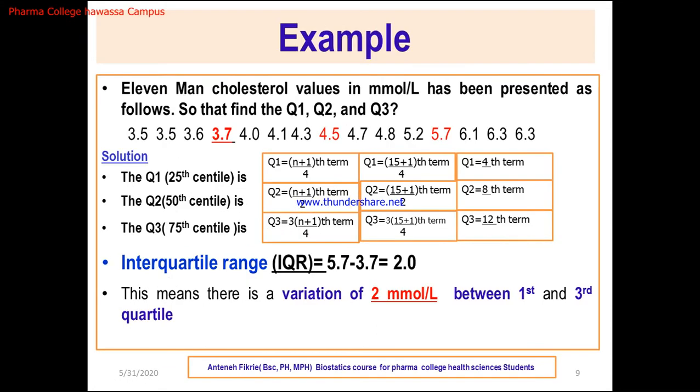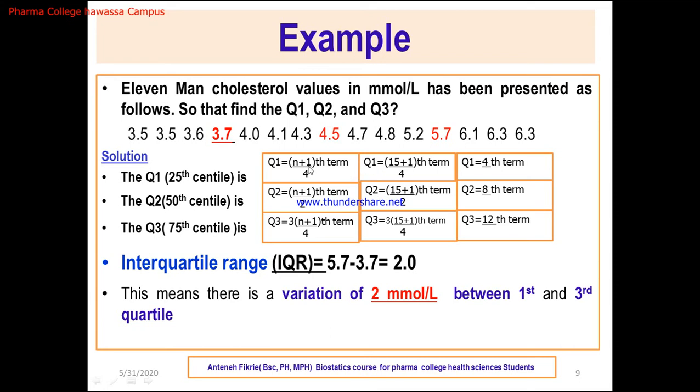So let's see, 15 cholesterol levels have been presented in millimole per liter as follows, so that we find Q1, Q2 and Q3. The formula for Q1, or the 25th percentile, is n plus 1 divided by 4, which gives the position of the first quartile.